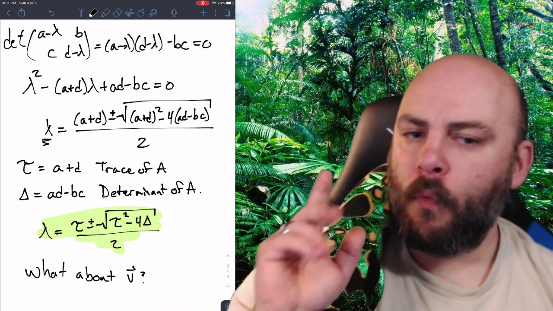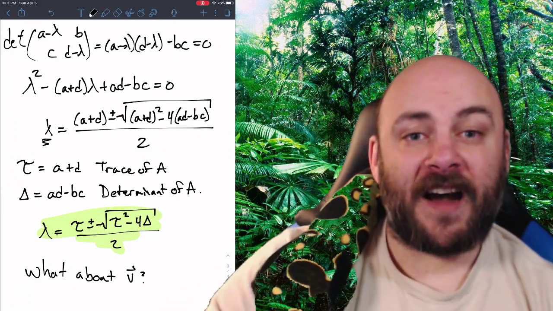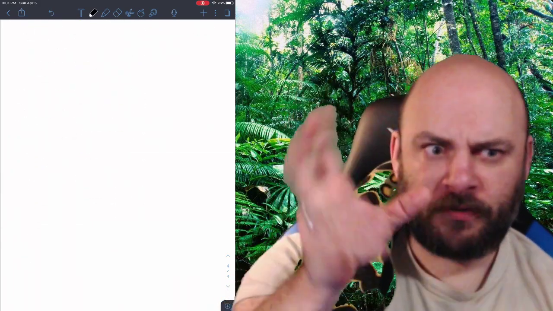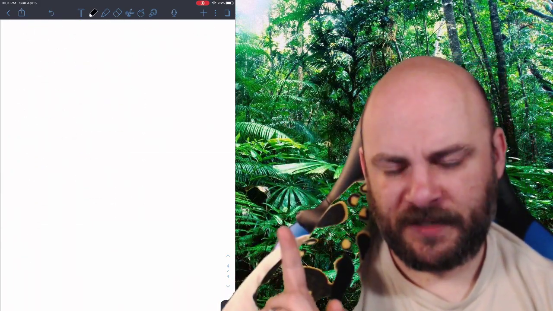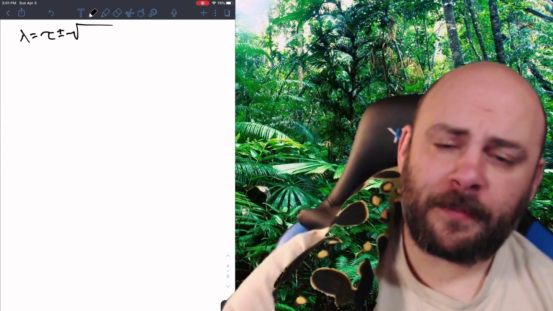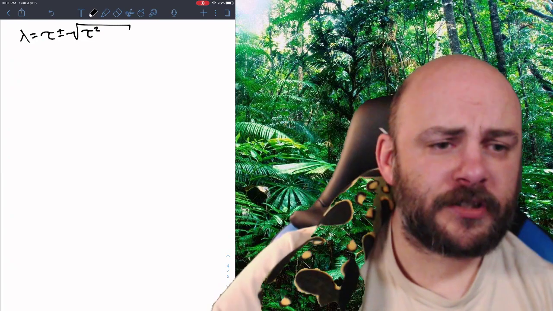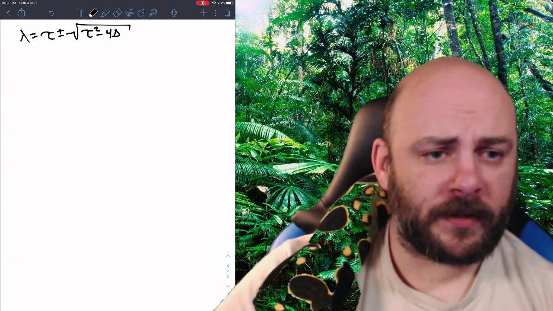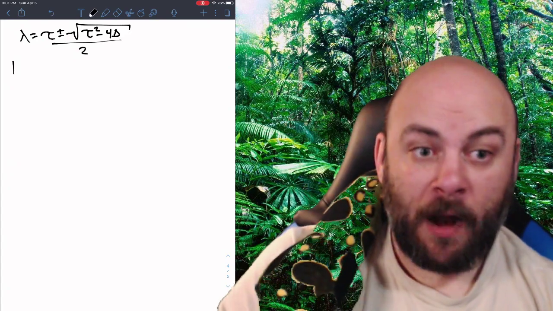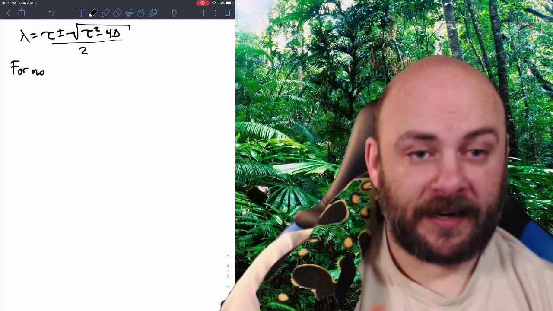Okay? What I want to know now is how do I find that direction, that vector v, where my transformation is the exact same as those special scaling? Well, let's recall that lambda is going to equal trace plus or minus the square root of trace squared minus 4 times the determinant, all over 2. For now, I'm not even going to get into how to analyze these things.